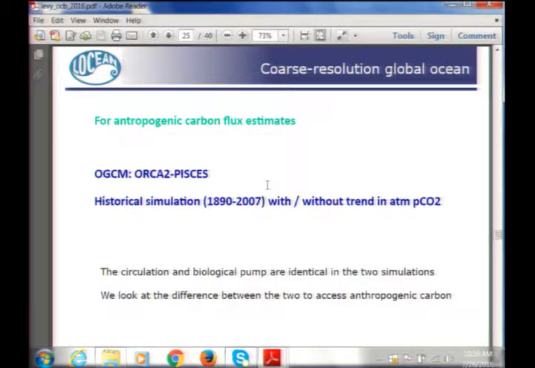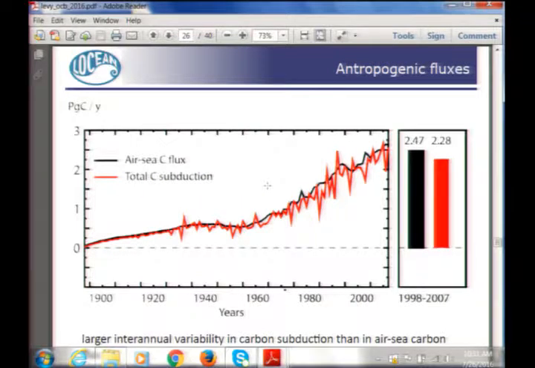One has a constant concentration of CO2, the other one has a trend. And so the difference between these simulations is going to give us the flux of anthropogenic carbon. And really, I want to insist on the fact that the biological pump and the circulation are strictly identical in the 2.